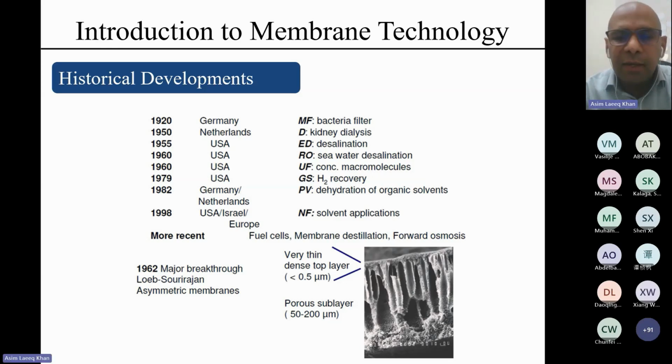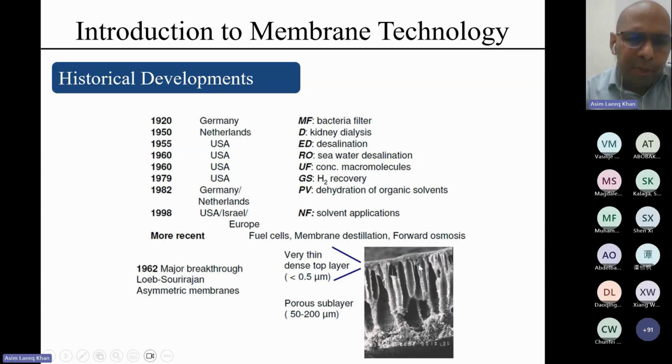Generally, it is said that a membrane should be about 200 to 250 micrometer thick so that it can bear high pressure and be mechanically stable enough. But if you know Fick's law, it says the thicker the membrane, the less the flux that comes out of the membrane, and we need more and more driving force and energy to drive the flux out of the membrane.